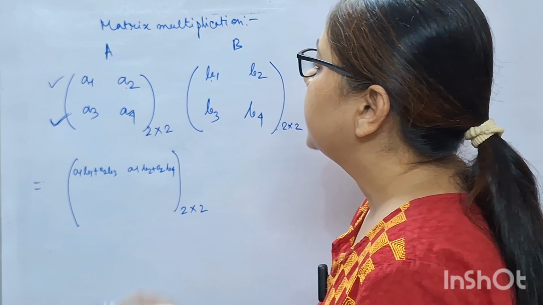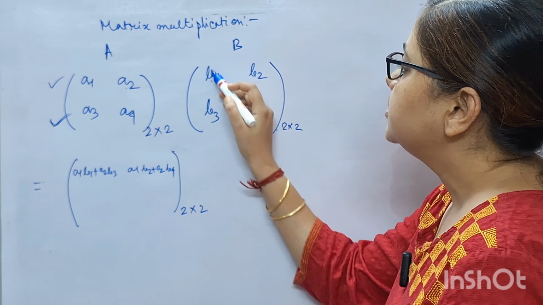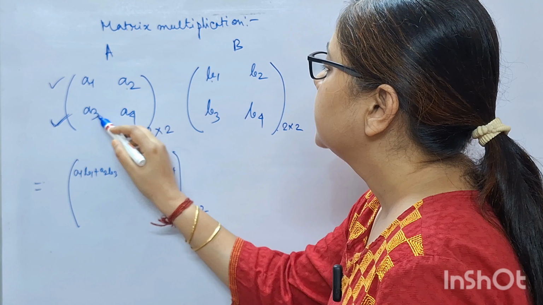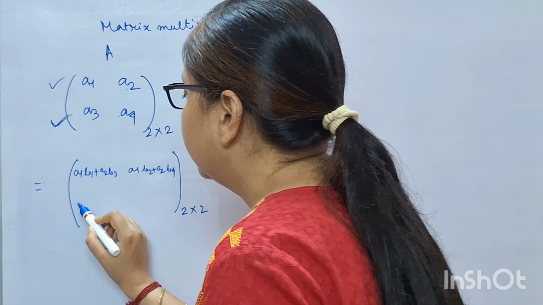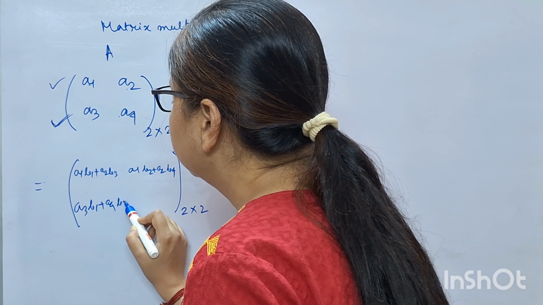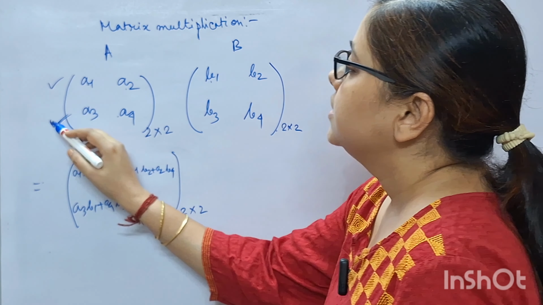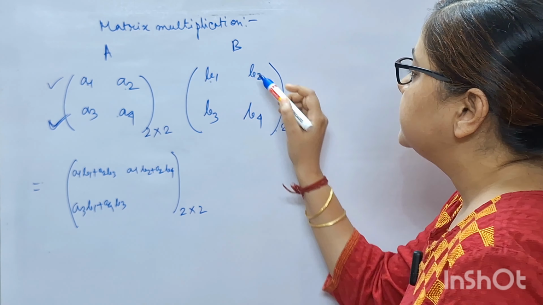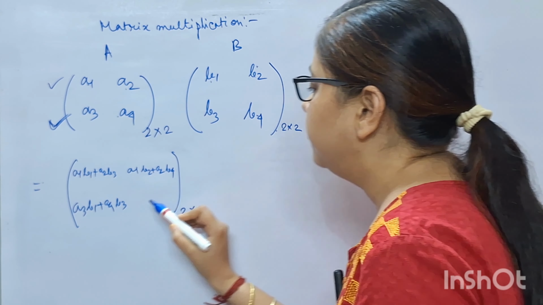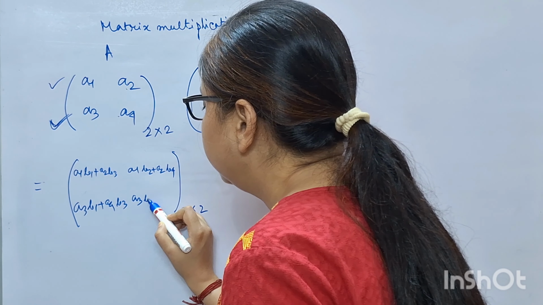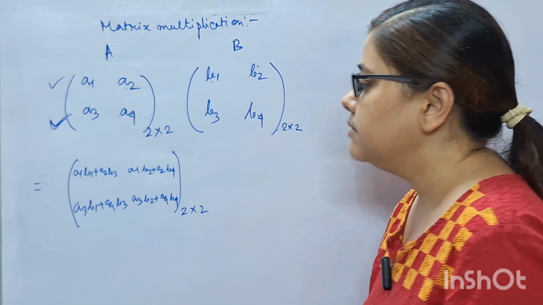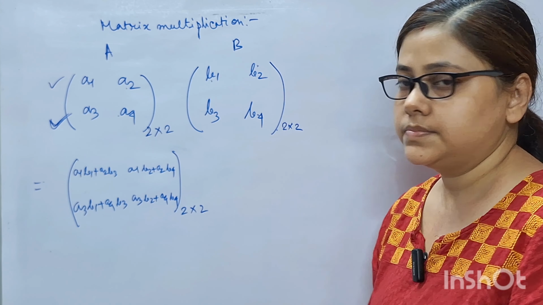So at first, the second row of A and the first column of B: A3 B1 plus A4 B3. Next, take the second row of A and the second column of B: A3 B2 plus A4 B4. These are the elements of the product matrix AB.